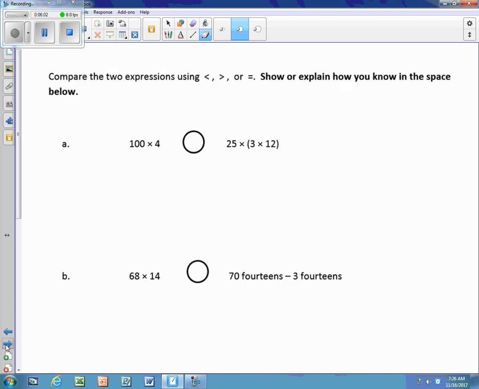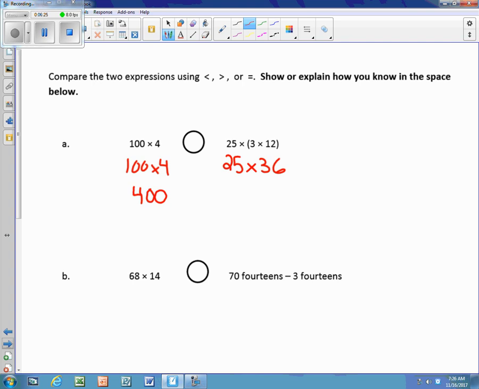Next, we have expressions, and we have to figure out which one is bigger, which one is greater than, is less than, or is equal to. So we're going to start here, and we're going to say 25 times 36 is really what this is asking right here. And this is 100 times 4, and this would be 400.